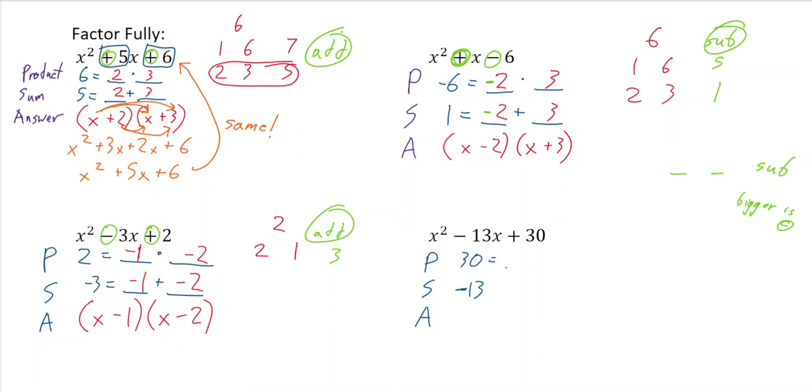So we've got a product of 30 and a sum of negative 13. We need to come up with the numbers that multiply to get 30. So 1 and 30, 2 and 15, 3 and 10, not 4, but 5 and 6. Remember our divisibility rules from that video and how to make this quickly.